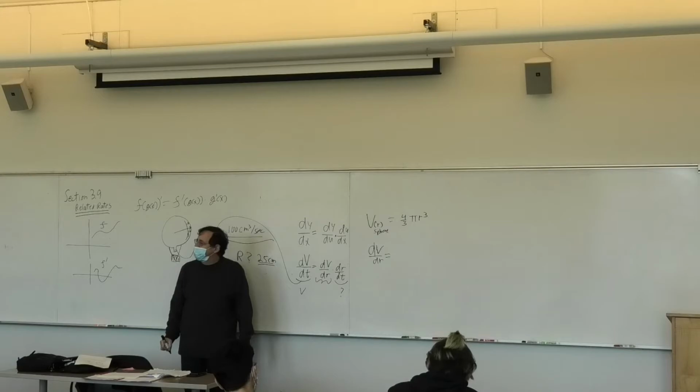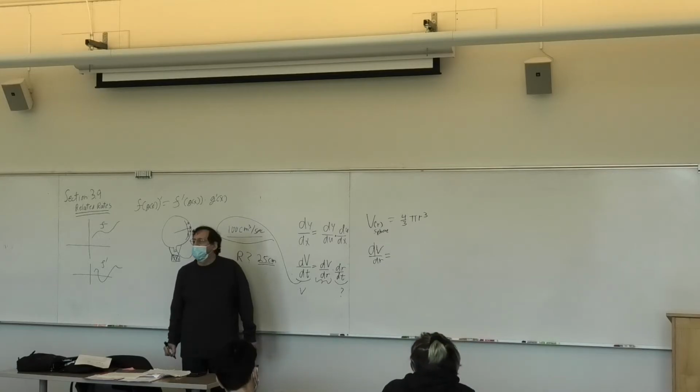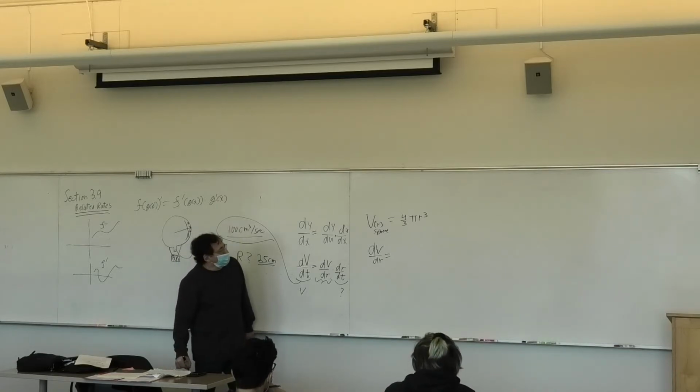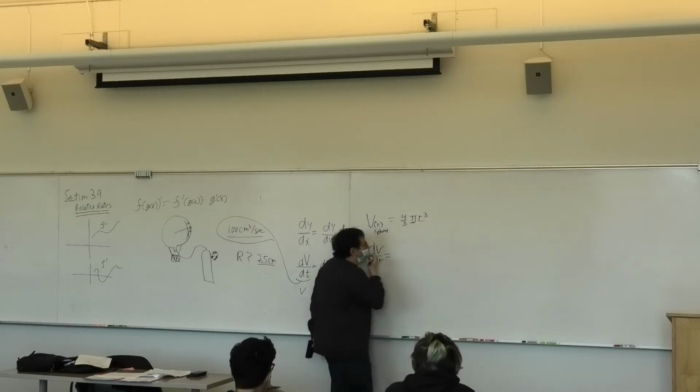Anyone? This is just the monomial power rule, right? I wonder if it's scary because it's not x and we've got this pi in here.